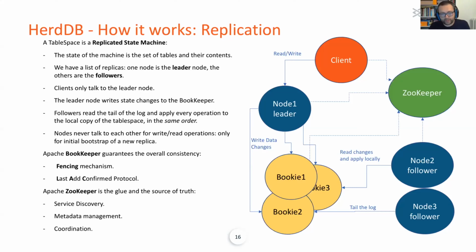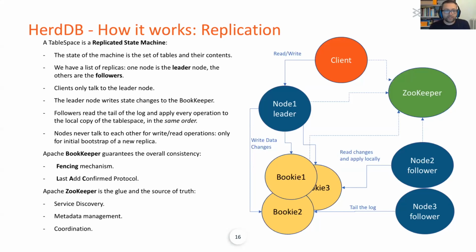You can expect, or it is really common in current usages of RDB, to have tens up to hundreds of table spaces with very few nodes, like 3, 4, 5 nodes. So each node is leader for a part of table spaces and follower for the other ones. So the client talks only to the leader node.